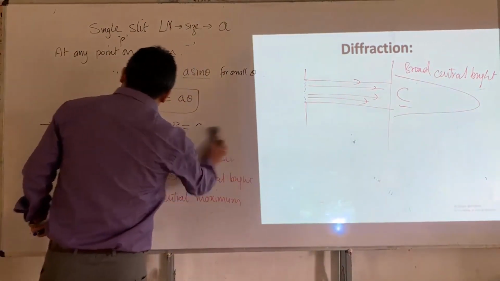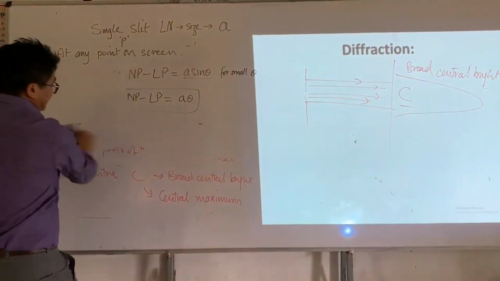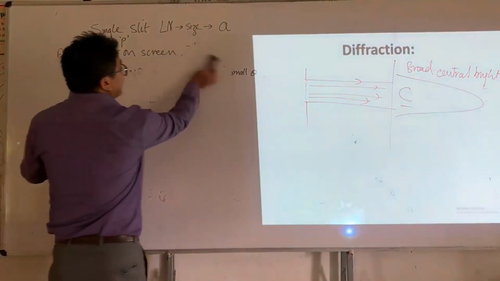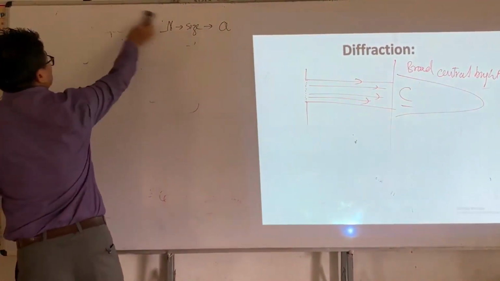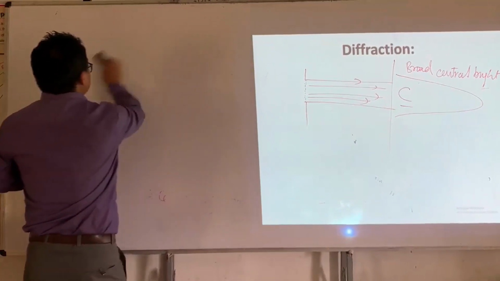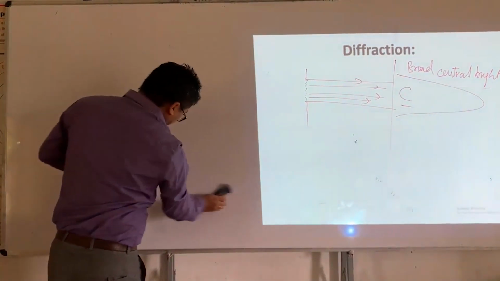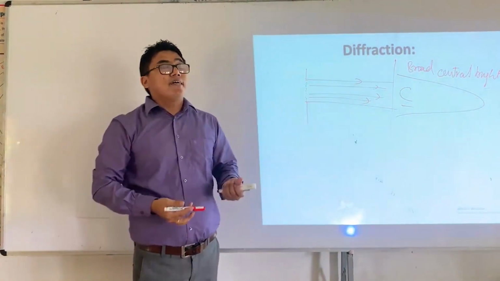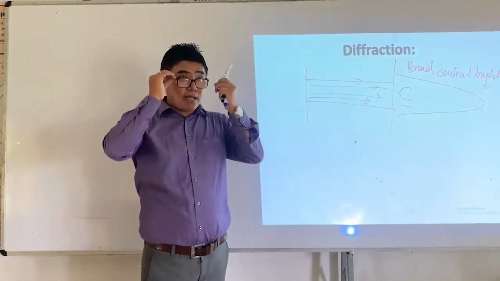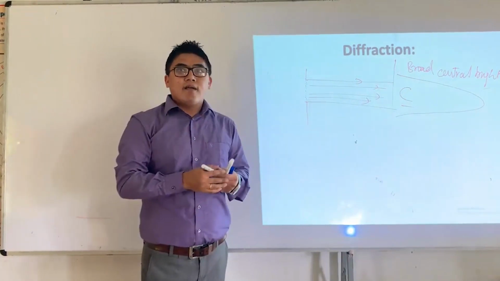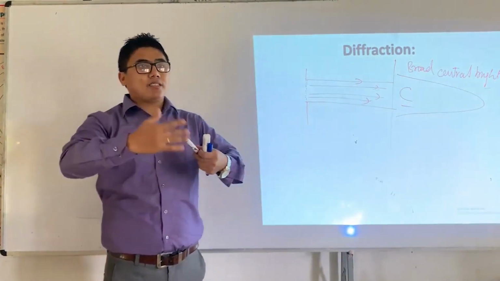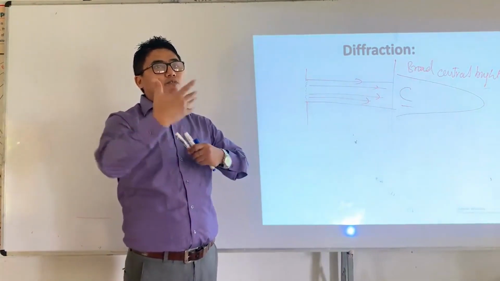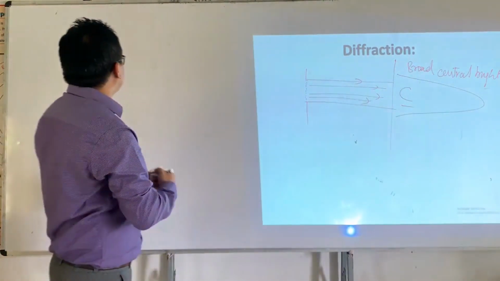Now what about the secondary maxima? What about the position of the secondary maxima? As far as diffraction is concerned, we can't derive the condition for secondary maxima as we did in the case of interference. Why? Because this is beyond our scope. So first I'm going to give you the condition, and later we will prove it.